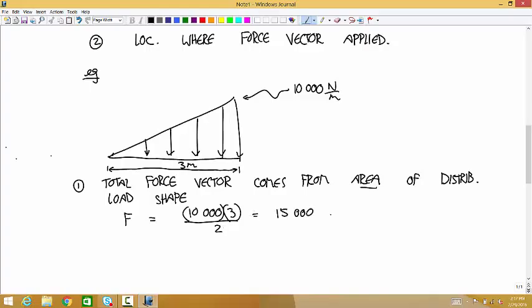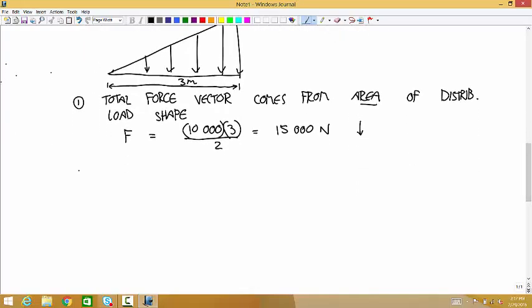So 15,000 newtons. The direction is just the direction of the distributed load. These are always going to be going in the same direction, so in this case, it's down. And the location of the point force is the centroid of the shape.